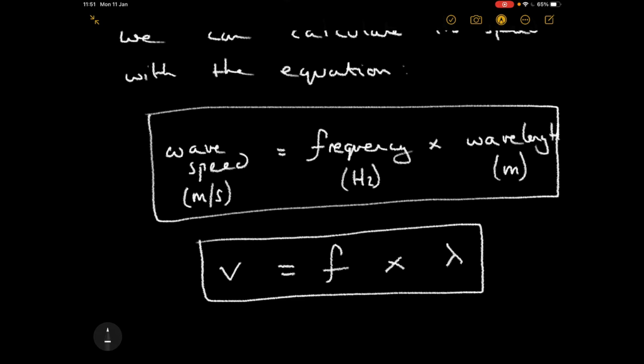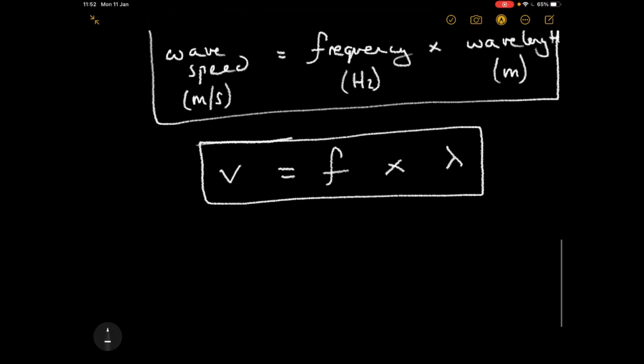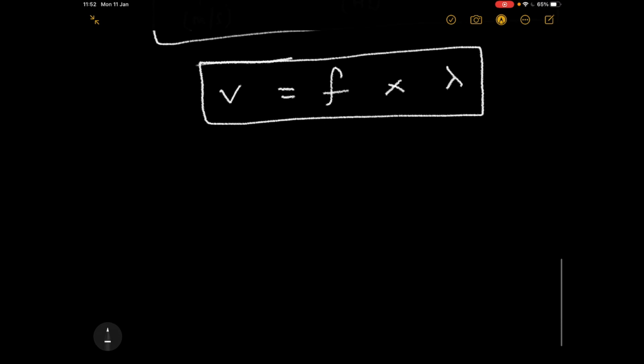Now you might think, wait a minute, I know another equation of speed, and it's speed as distance over time. In many ways, these are the same equation. It's just written in a slightly different way. To think about why that is, we need to consider a second relationship.